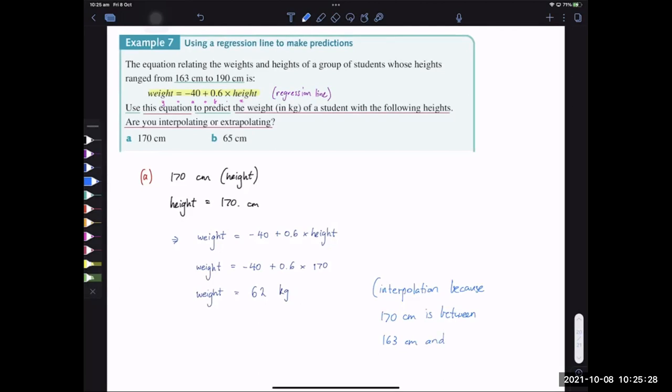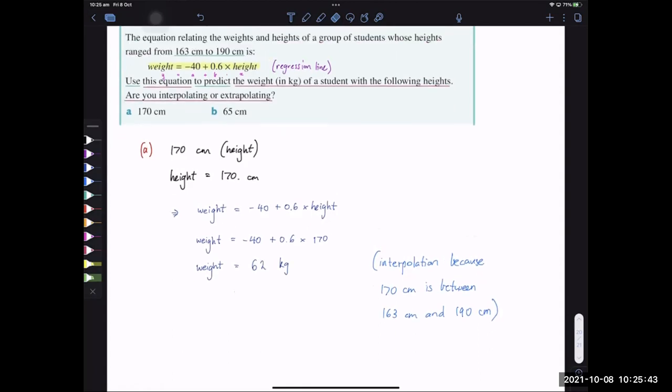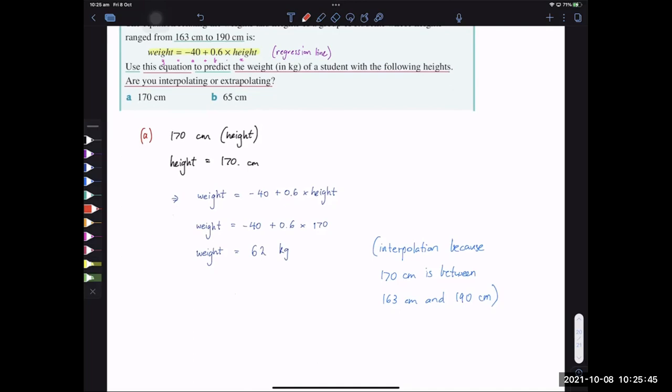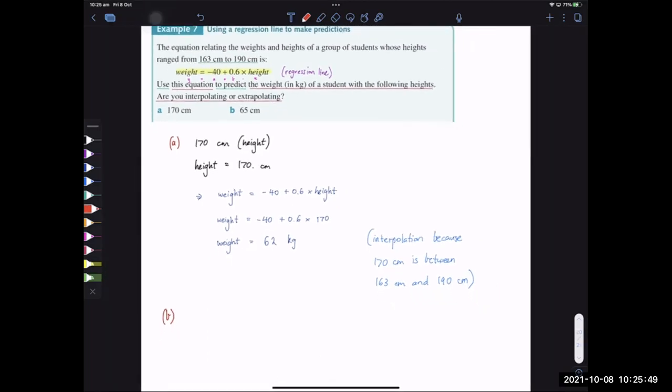Why can't I write it as a fluid sentence? Because, I don't know, looks nicer. I'm just going to keep it as a fluid sentence. Then grammatically it's incorrect. All right.